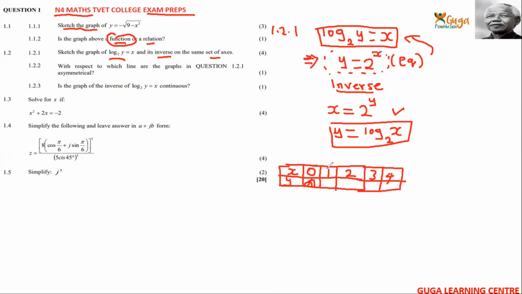We're going to have undefined, and then here we have got 0, and then here is 1, okay, and then here is 1.5, and then when your x is 4, you've got 2, right?